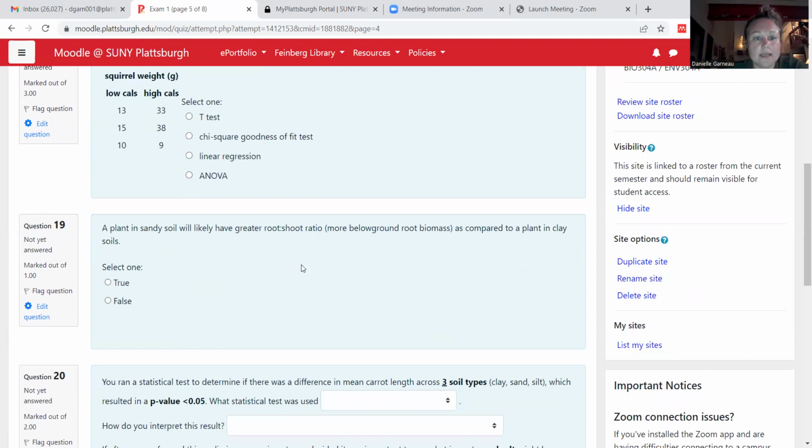A plant in sandy soil would have a greater root to shoot ratio as compared to one in clay soils. Okay. So you think about sand, right? There's big particles, the water diffusing quickly through the large pore spaces. The plant is going to have a hard time hanging on to the water in that kind of soil. So it would probably make sense to have more roots as opposed to more shoots above ground, right?